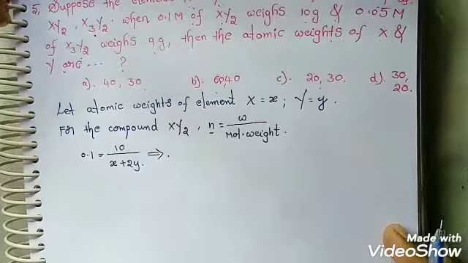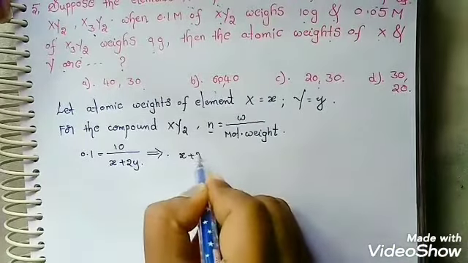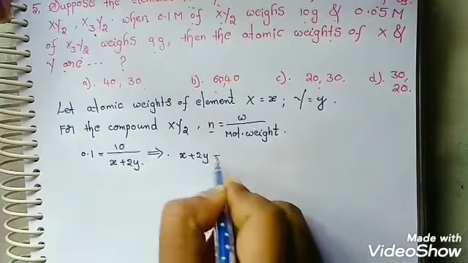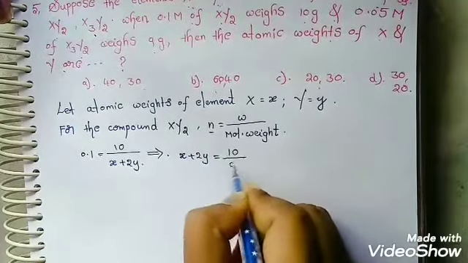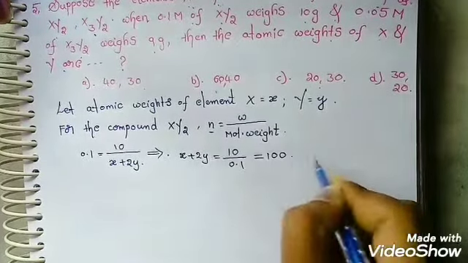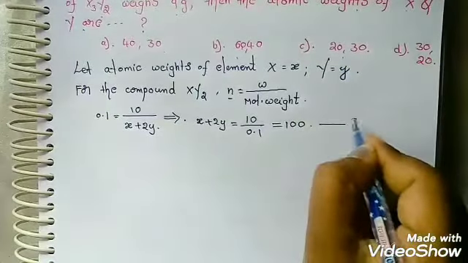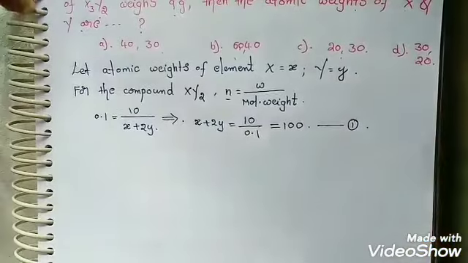Then if you simplify this, x plus 2y is equal to 10 by 0.1. That gives 100. That means x plus 2y is equal to 100. That is equation 1.